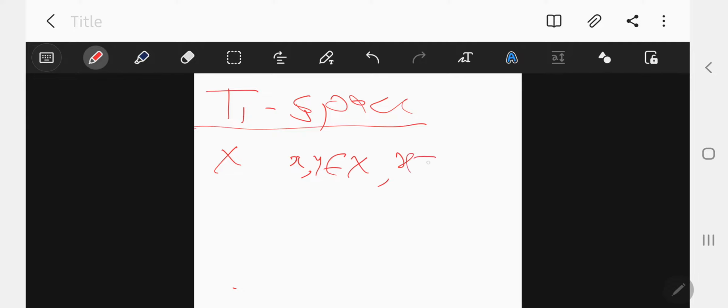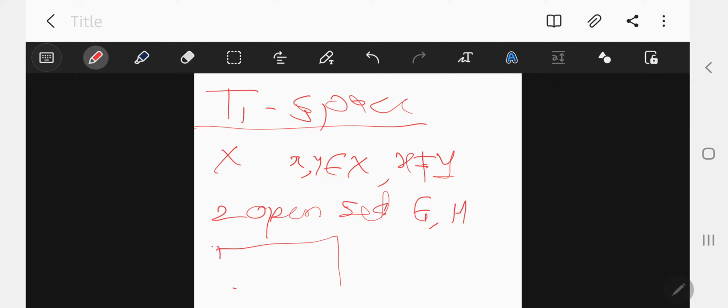For T1 space, in topological space X, there are two distinct points x and y, that is, x is not equal to y. For two distinct points x and y of X, there are two open sets G and H, each containing one but not the other.